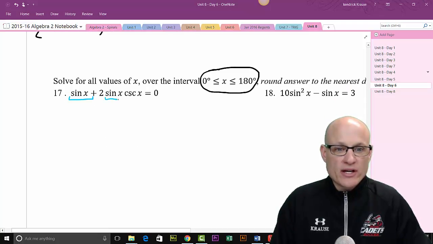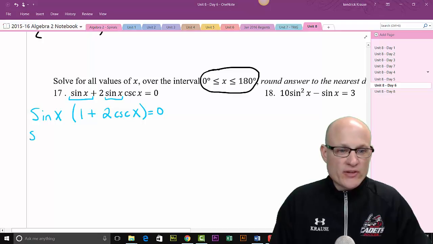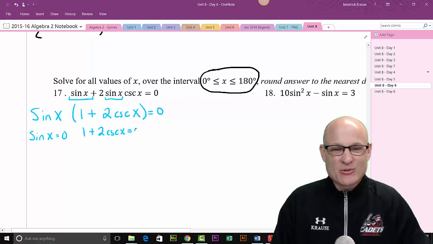So I'm going to take out a sine x, and I'm left with 1 plus 2 cosecant x equals 0. That's not a problem. So this one is sine x equals 0. And this one here is 1 plus 2 cosecant x equals 0. And you have to solve that.